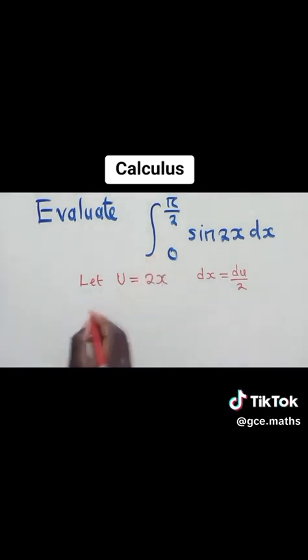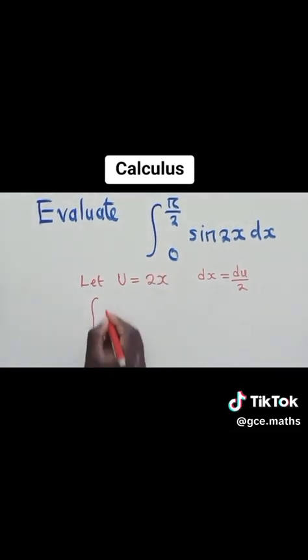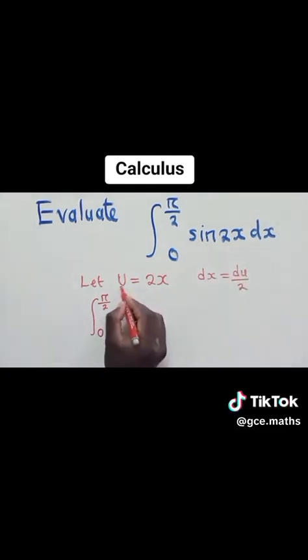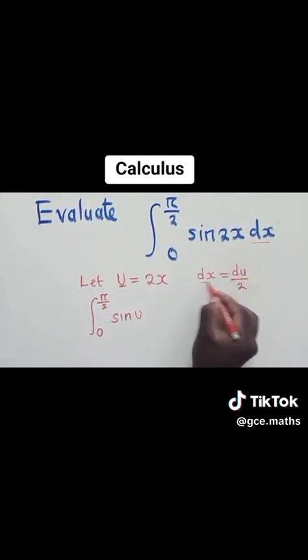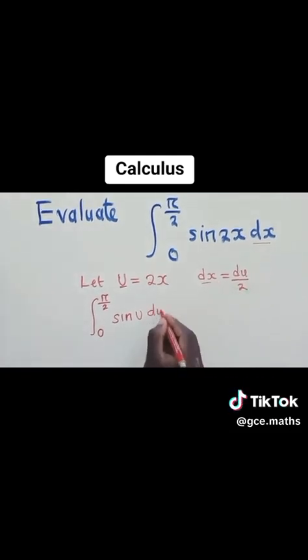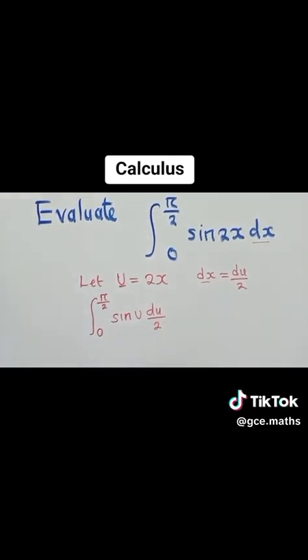So to substitute, we shall have the integral from 0 to pi over 2 of sine. Here we substitute the u, and here where dx is, we substitute du over 2. So now we can work out things.